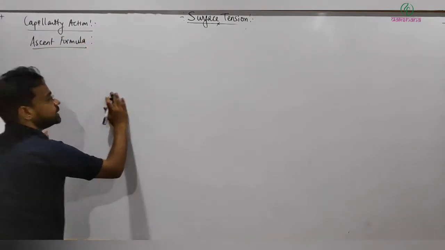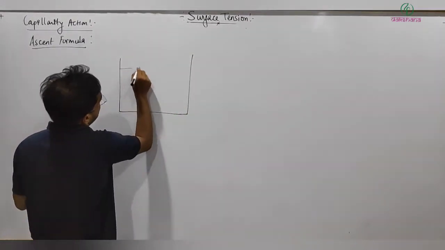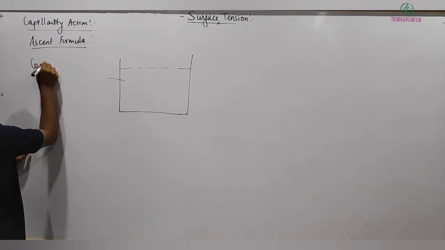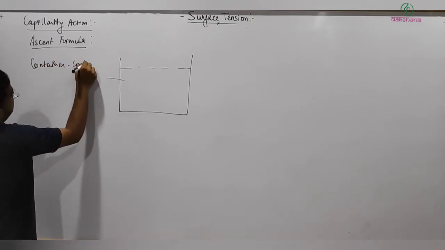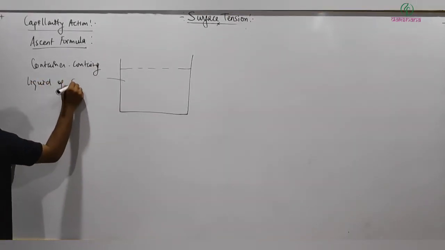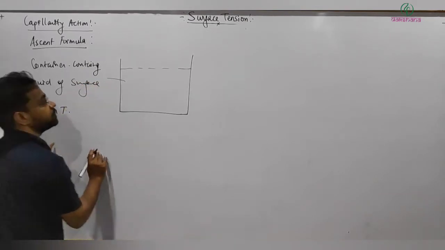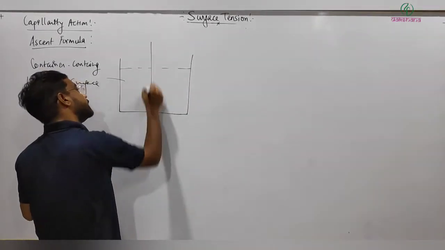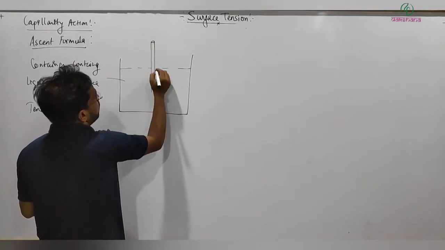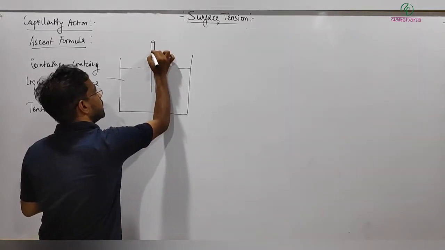So here I am considering a container containing some liquid of surface tension T, and in this a capillary is dipped. The radius of this capillary, let's say small r.